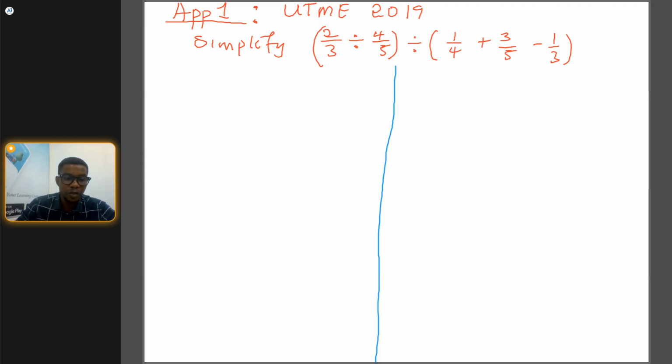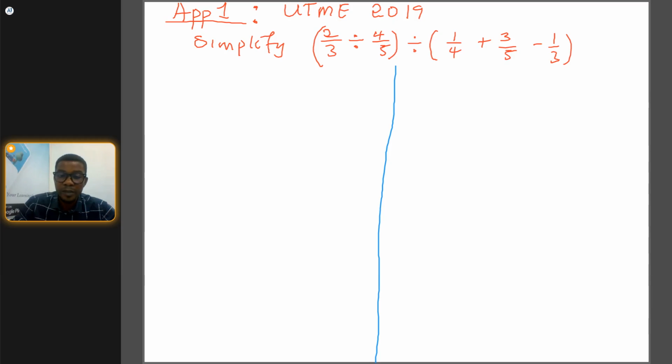So we are going to solve this question step after step. This is the question we are asked to simplify. You can see that we have different operations: division, addition, subtraction. So we need to follow the rule of BODMAS. It's very important.